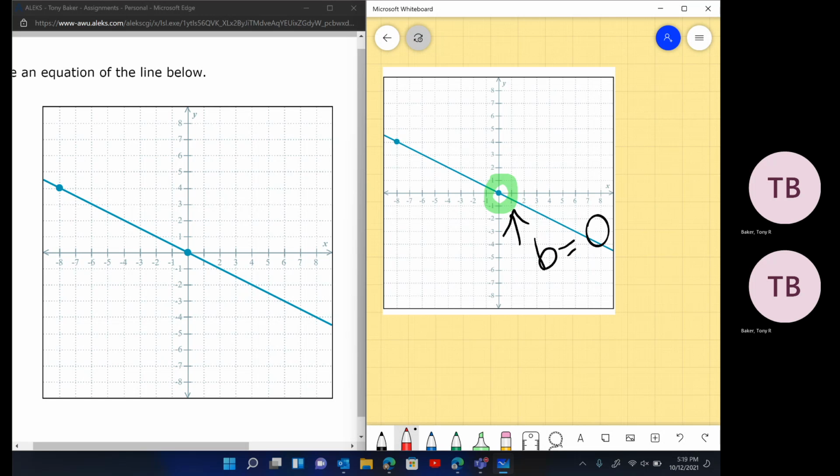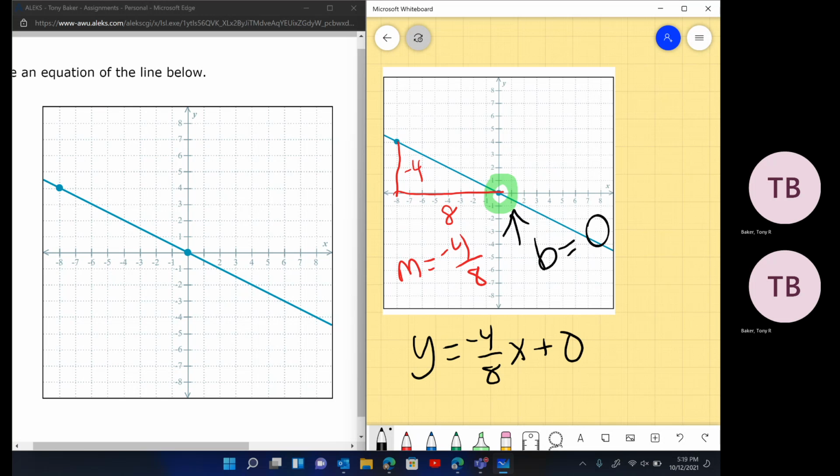Remember, whenever we're doing slope from a graph, we start at the leftmost point and we go up or down first. So in this case, I'm going to go down and then I'm going to go over to the point. So I went down 1, 2, 3, 4, so -4, and I went over 8. So my slope is negative 4 over 8. So then my equation is negative 4 over 8 x plus 0.